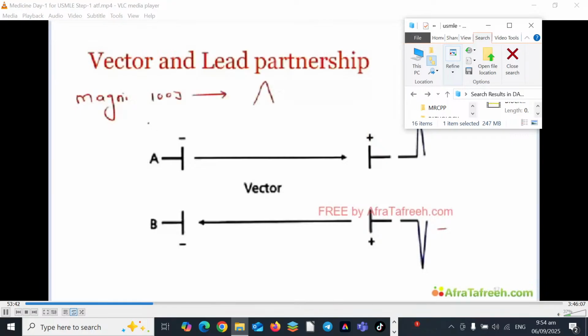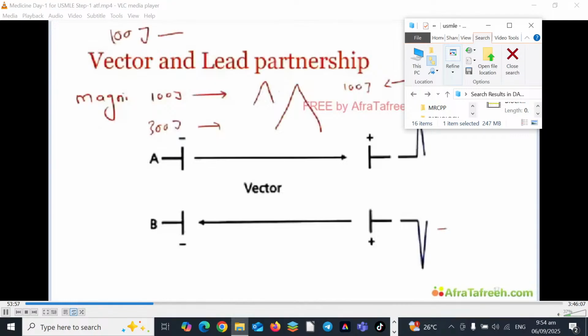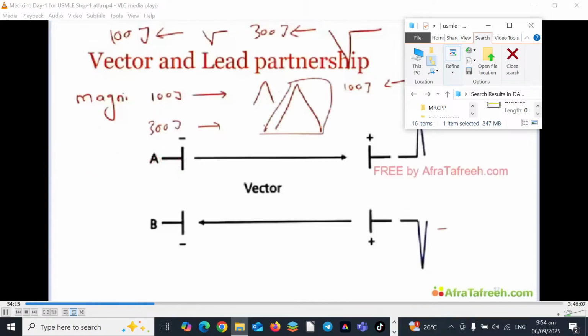If you get 300 joules, it will give a big spike. Okay? If 100 joules go away from that electrode, it gives rise to a deep inverted deflection. This is the concept of magnitude. That is, the more electricity goes, the bigger your deflections will be. Very simple, very straightforward.